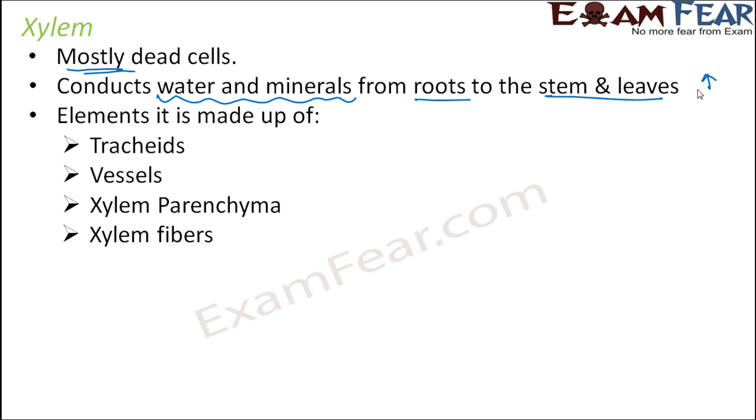Basically there are 4 elements the xylem is composed of: tracheids, vessels, xylem parenchyma, and xylem fibers. Now we will talk about each of these elements in a little more detail. We will see how they look, what their structure is, what their function is, and how the function of each element is synchronized with the others.